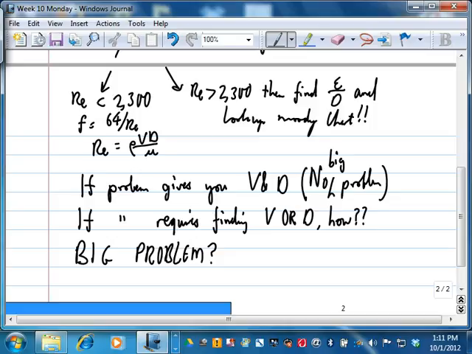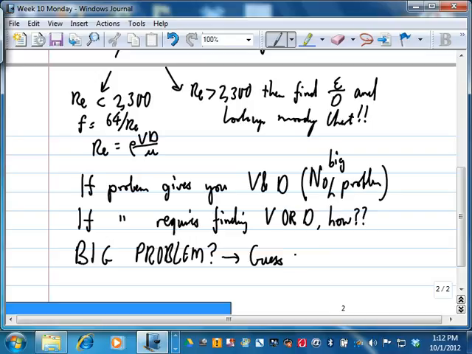Because at the very first step, you cannot find the Reynolds number. Without the Reynolds number, you cannot find F. Without F, there's one unknown floating around in your energy equation. We'll do this in the tutorial problems, and if you do past year problems, this one occurs. You need to guess.